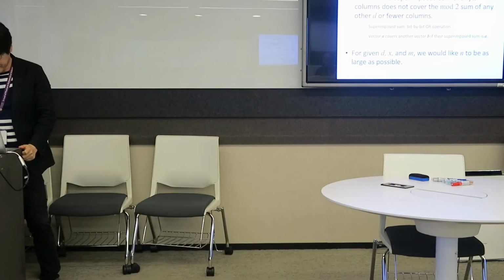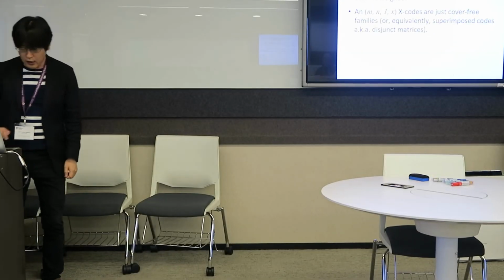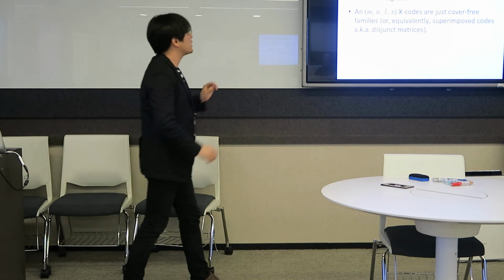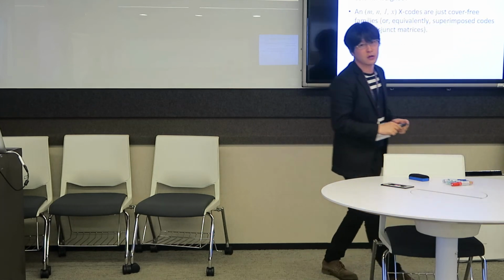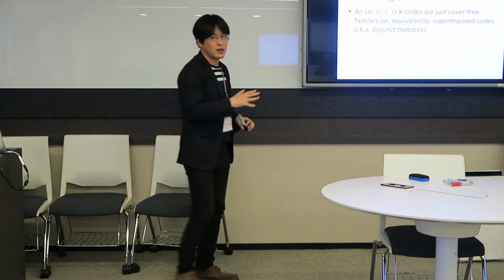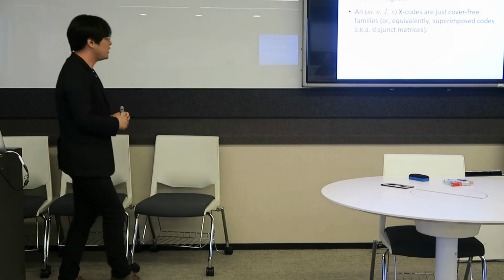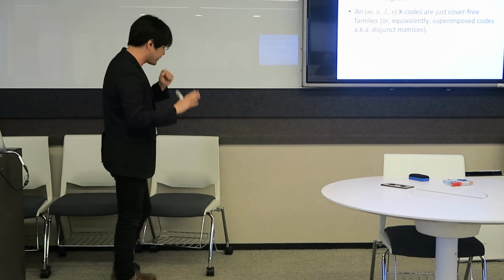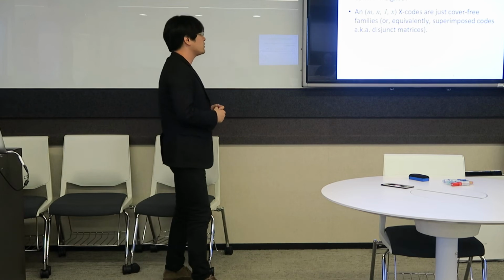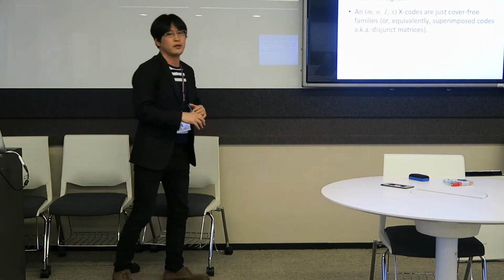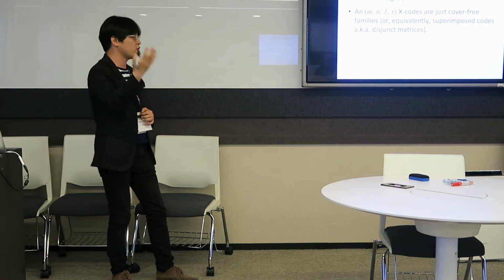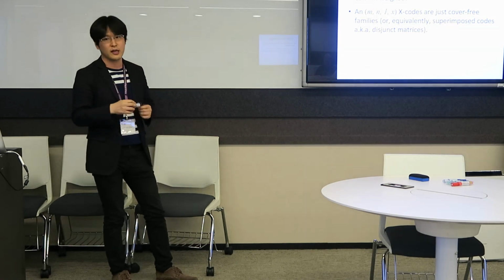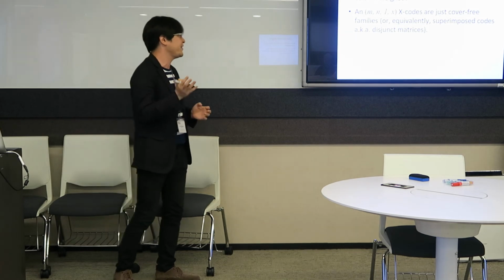And so, for example, we can consider an upper bound on the largest possible n, and I believe my students will give many results which will improve on the previous result, which Charlie Colbourn and I proved like 10 years ago.